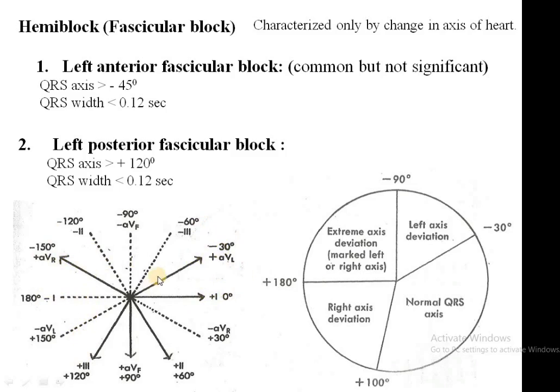Lead 3 and aVF will show a more positive, dominating ECG, and aVL and lead 1 will show a negative ECG. So this is the way you can distinguish left anterior fascicular block and left posterior fascicular block.